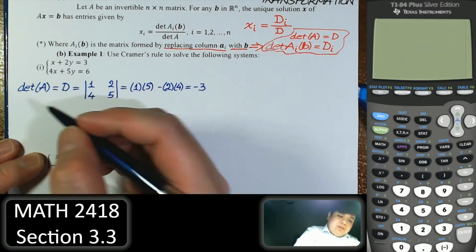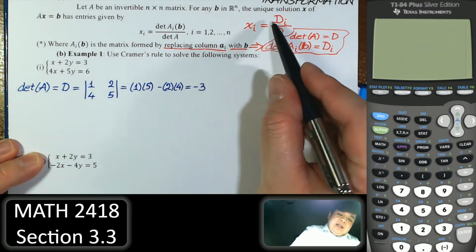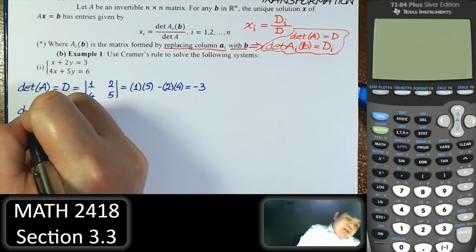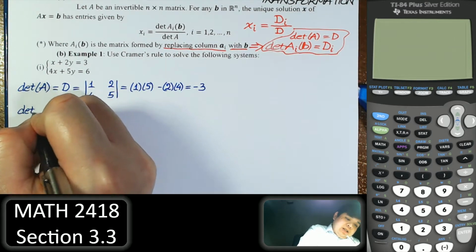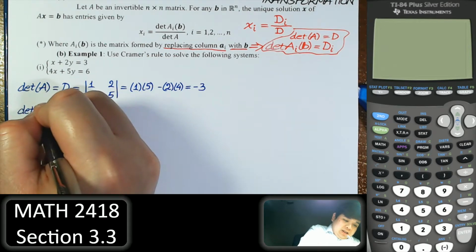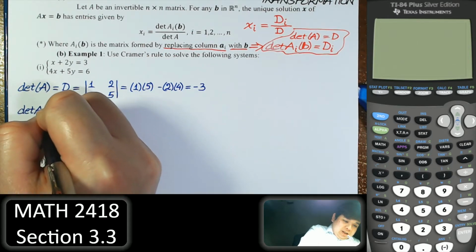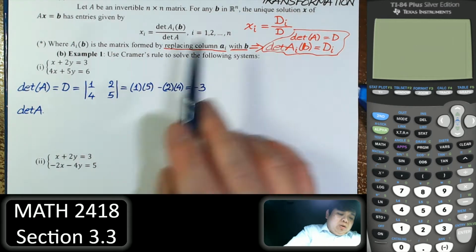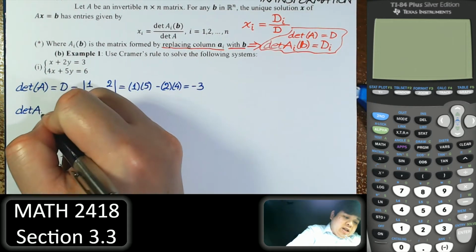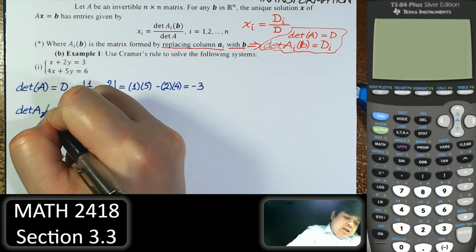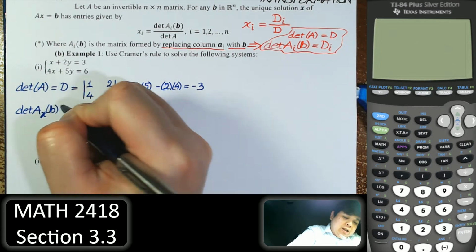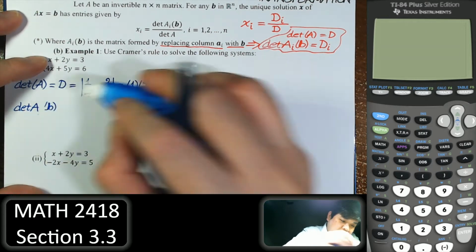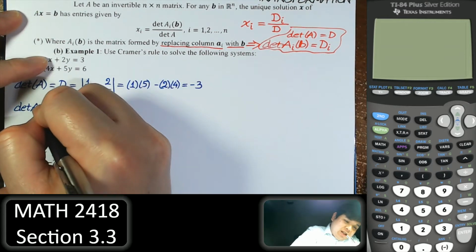Next, we calculate the determinant of A_i(b). Instead of i, we'll go from 1 to 2. Since we have x and y, I'm just going to say D_x and b. Not boldface x, just regular x, sorry.